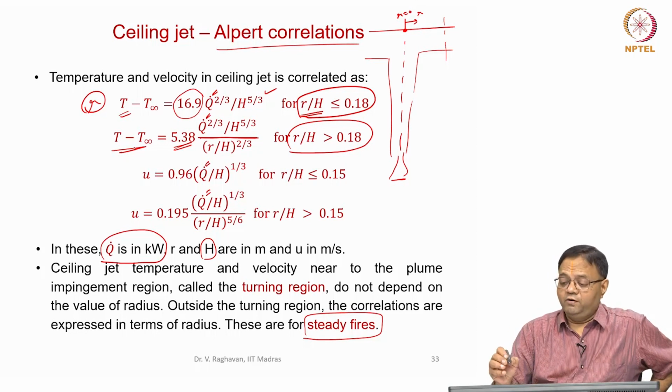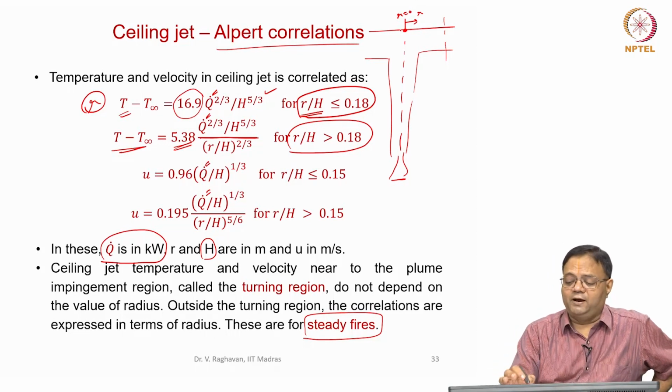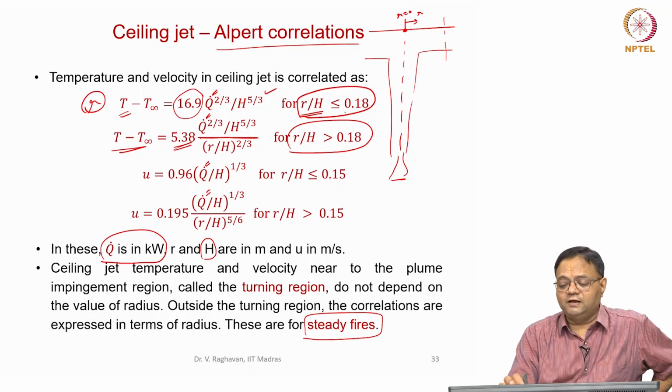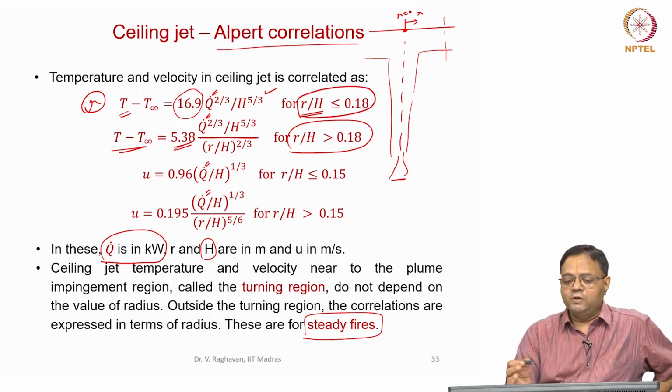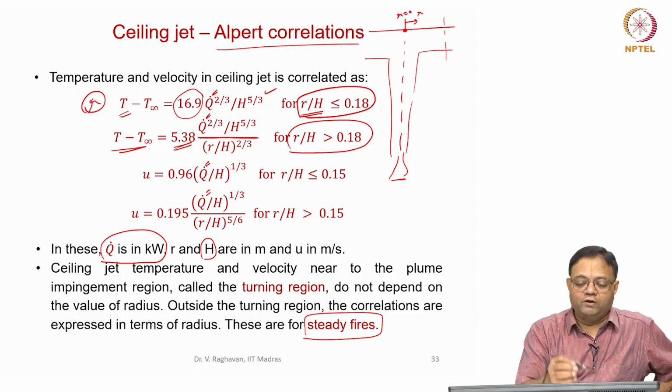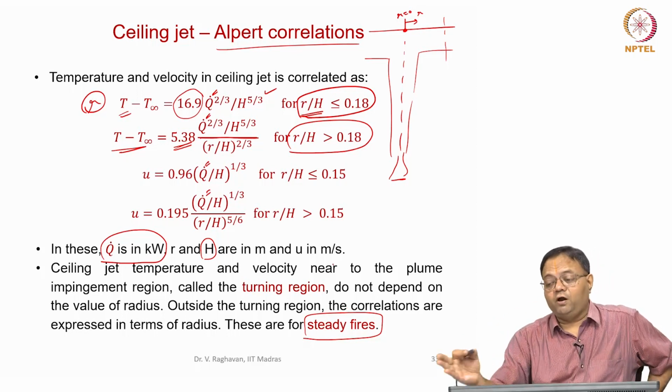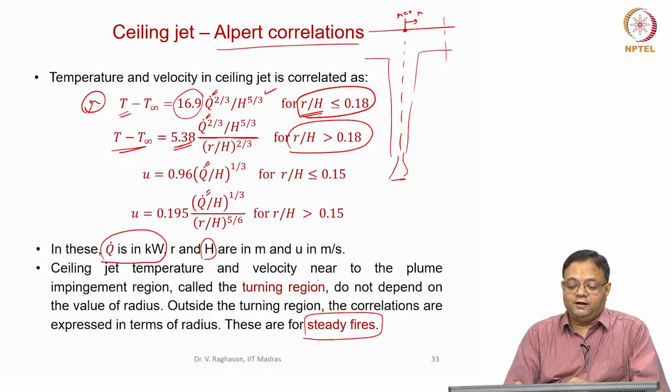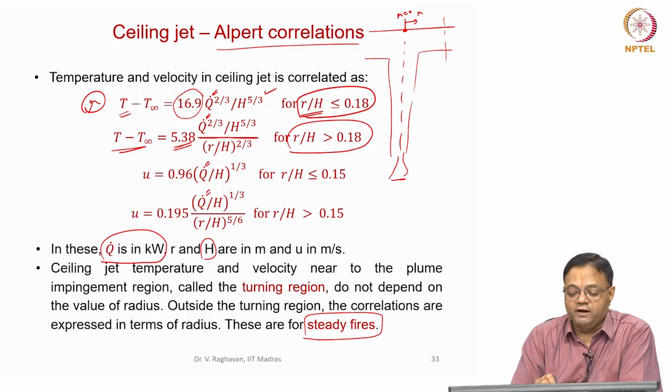So from the impinging point till some radius, r by H less than or equal to 0.18, there is no difference in T minus T naught with the radius. There is no influence of radius. But at the far-off point, you see that there is an influence of radius.